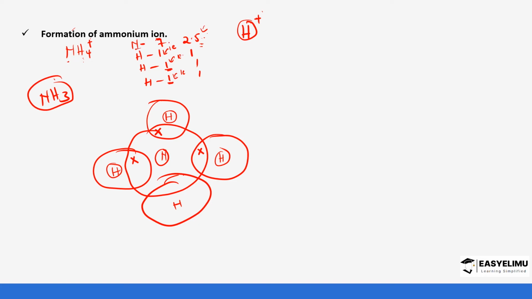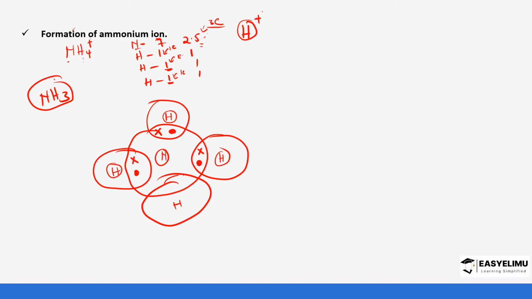This nitrogen requires 3 electrons, so it should be willing to share those 3 electrons. It shares equally with the 3 hydrogens. The first hydrogen shares 1, the second hydrogen shares the second one, and the third hydrogen shares the third one.